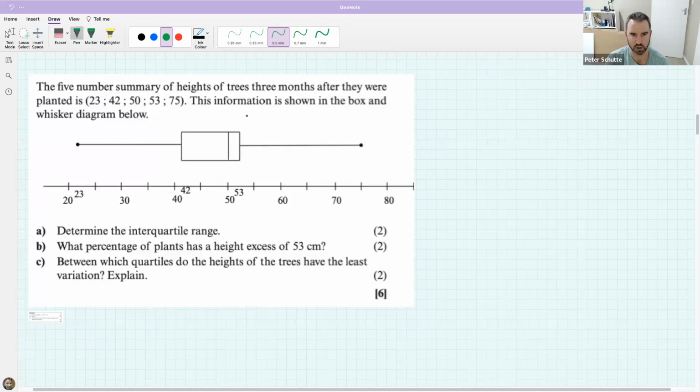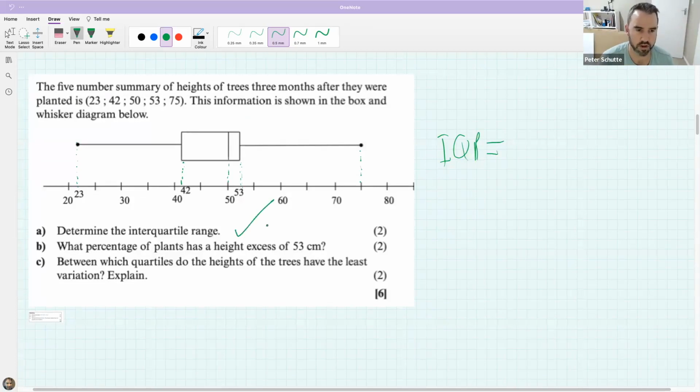This information is shown in the box below, and we can see that this is a 42 and this connects to a 53. So that's over there, and this is in line with 50, and this seems to be in line with this, and this is in line with 23. What is the interquartile range for this data set?